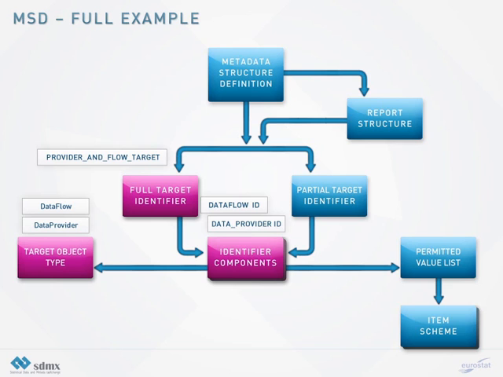For the data provider identifier component, an organization scheme is used for the representation. For the data flow ID identifier component, a category scheme is used for representation.